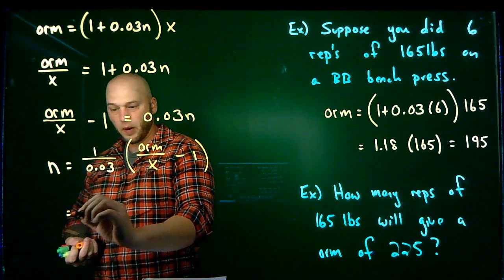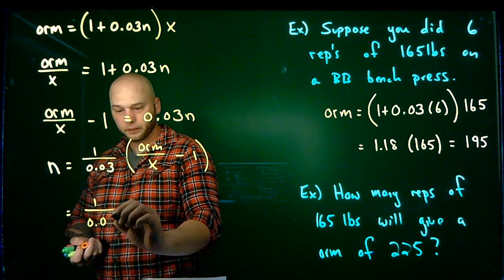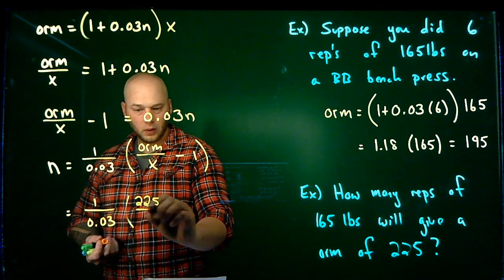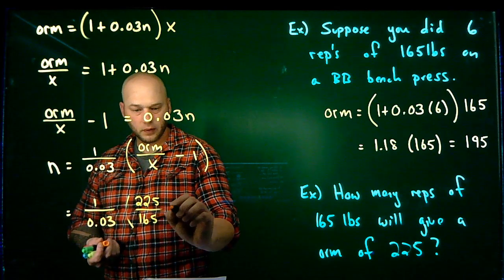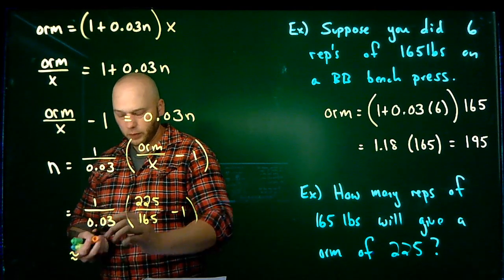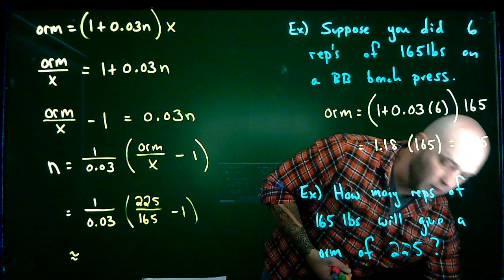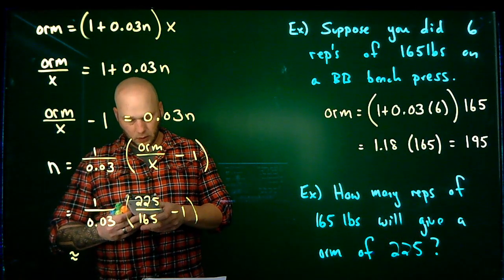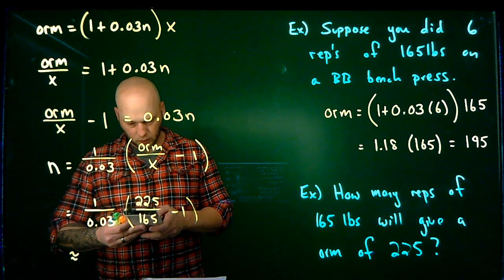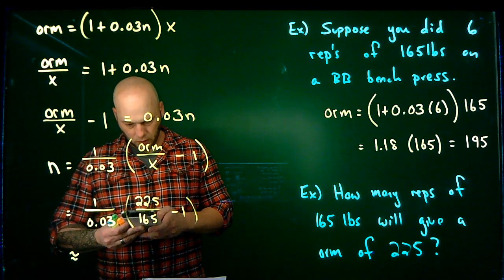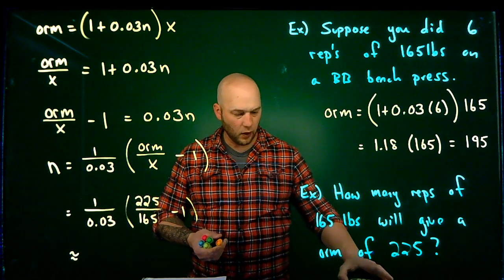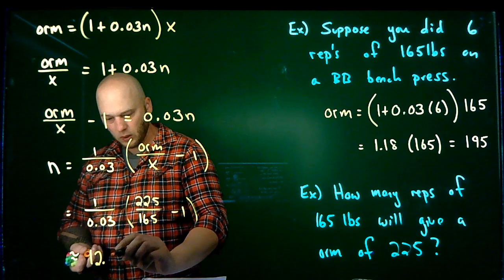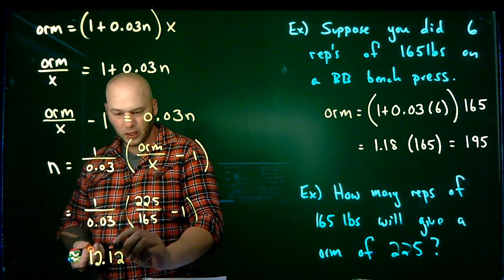The number of repetitions would be 225 over 165 minus 1, and that gives me an approximate value of what? 1 divided by 0.03 times 225 over 165 minus 1. So I get approximately 12.12. So I'm going to say this is approximately 12.12, and that's actually repeating.